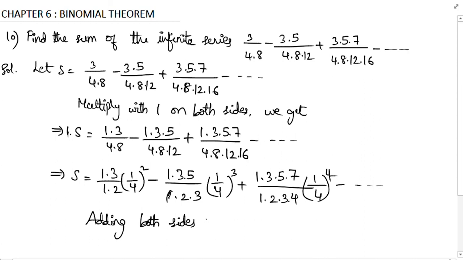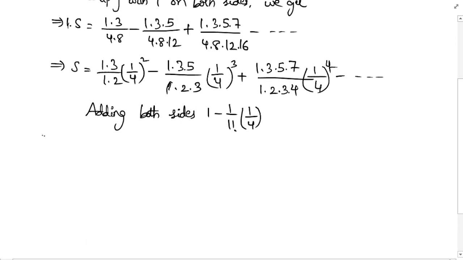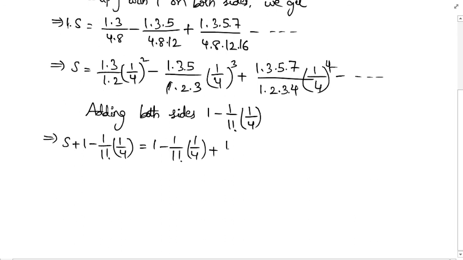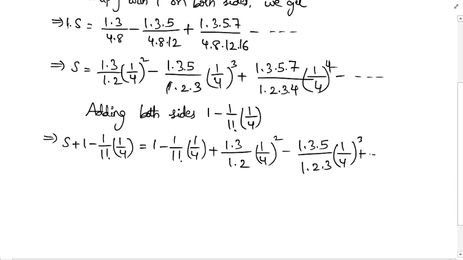We will add 1 minus 1 by 1 factorial into 1 by 4 on both the sides. Then what do we get? We get S plus 1 minus 1 by 1 factorial into 1 by 4 is equal to 1 minus 1 by 1 factorial into 1 by 4 plus our series continued: 1 into 3 divided by 1 into 2 into (1 by 4) whole square, minus 1 into 3 into 5 divided by 1 into 2 into 3 into (1 by 4) whole cube, plus so on.